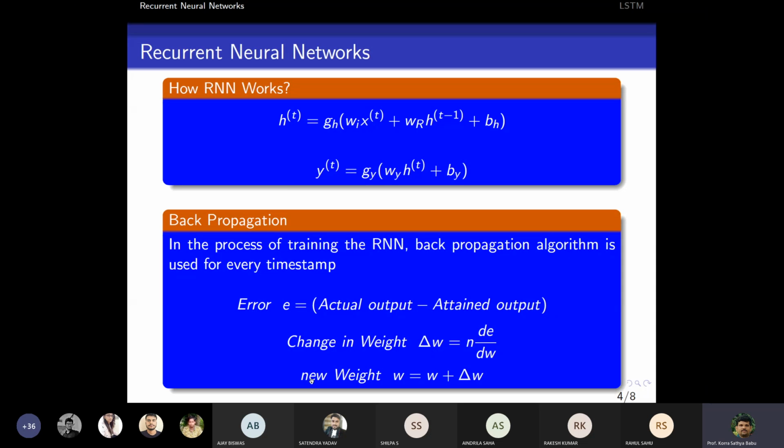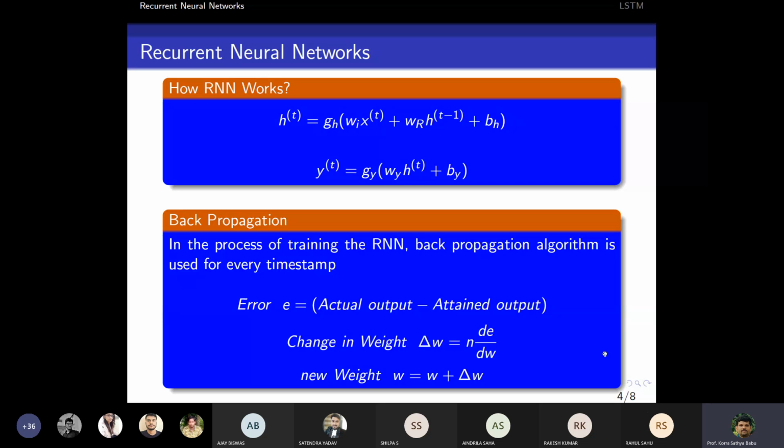Now the new weight W has to be adjusted after back propagation, right? How is it adjusted? W equals the existing weight W plus delta W. So this is the process of back propagation.